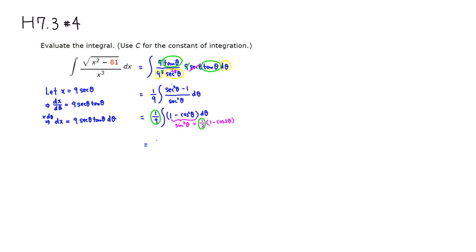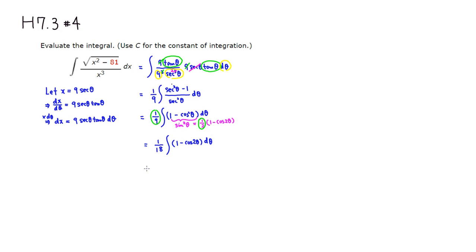And you're going to get 1 over 18. Then we still have to integrate 1 minus cosine of 2 theta d theta.